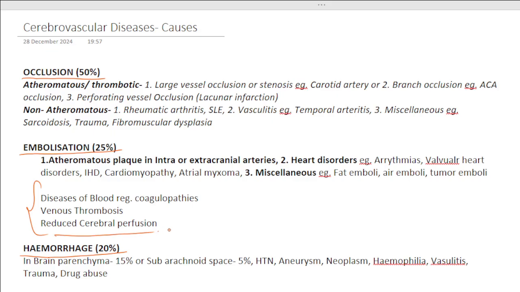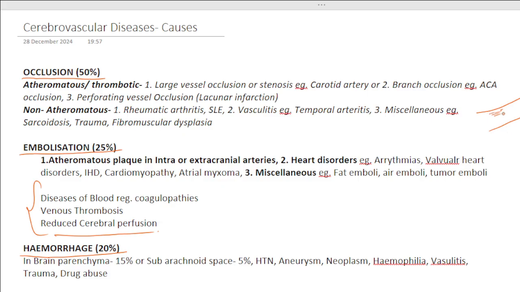So these all are the causes which are going to form. When we talk about occlusion, atheromatous, it could be the large vessel. Suppose there is a large vessel like this, internal carotid artery, and there is a bifurcation here. So a carotid artery basically.